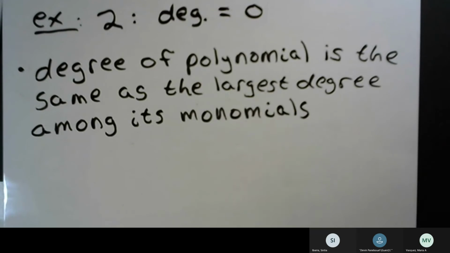So what that means, if you want to figure out the degree of a polynomial, you're going to figure out the degree of each of the monomials, and the largest degree that you find amongst those monomials will also be the degree of your polynomial.